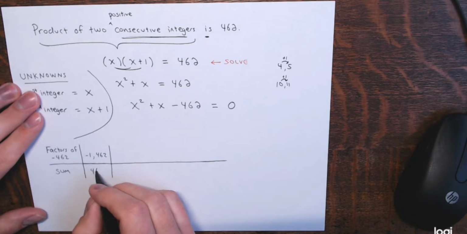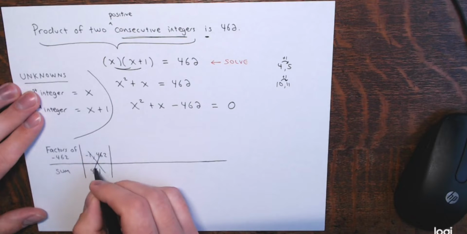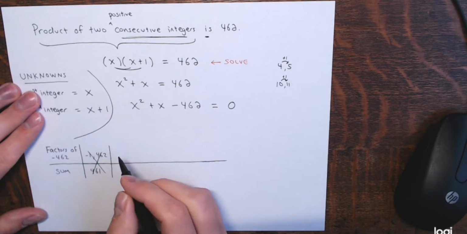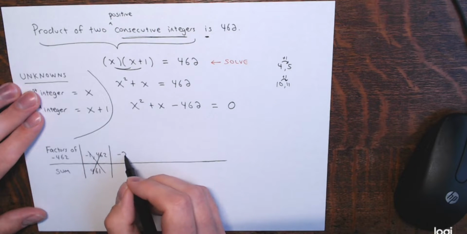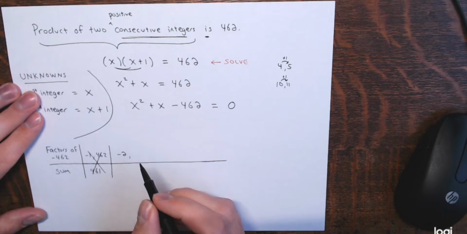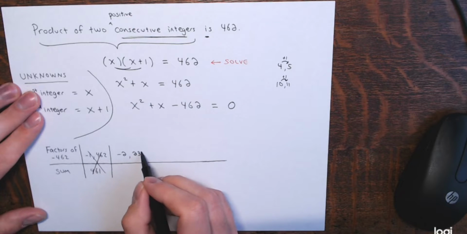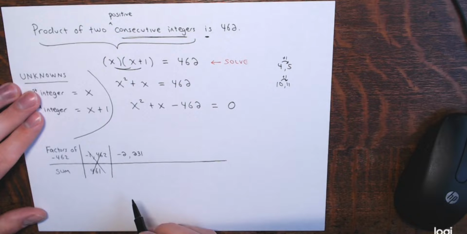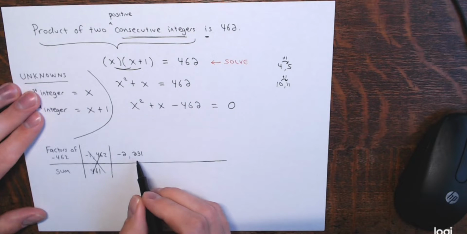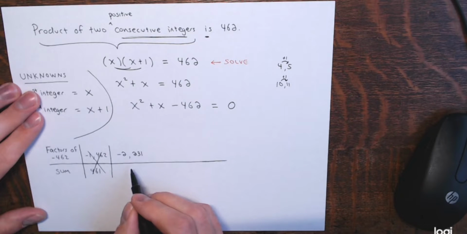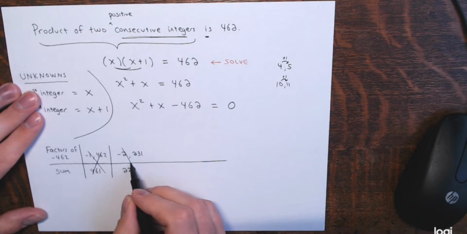So clearly not those. Negative 2 and 231 would multiply to be negative 462, but they would add to be 229. Now we're getting closer to 1, but that's definitely not 1.